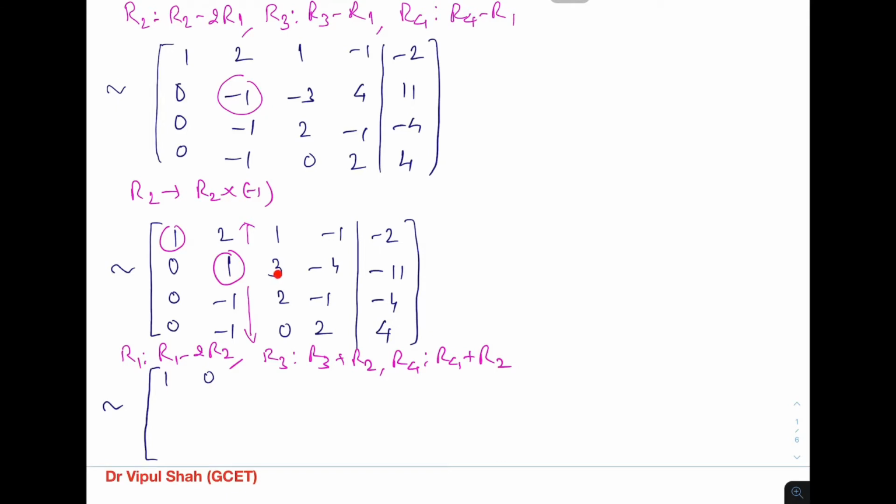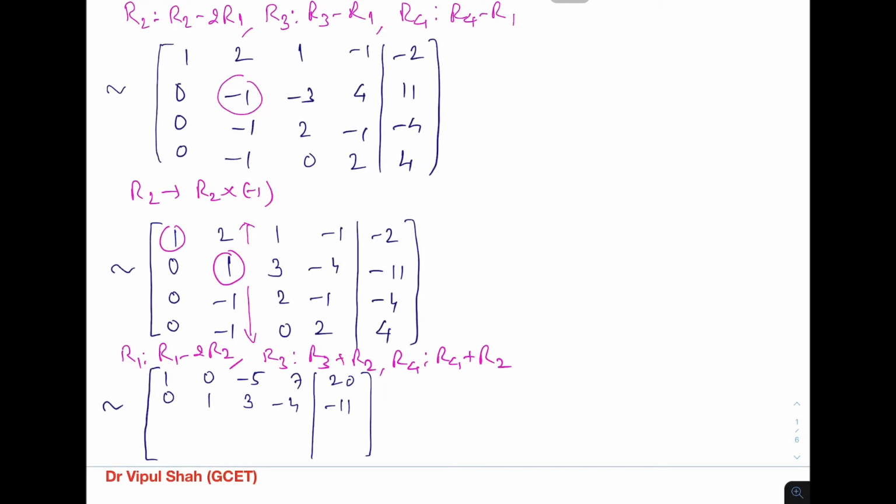Now minus 2 multiplied, so that is minus 6 plus 1, minus 5. Then multiply with minus 2 here, so that is 8 minus 1, which is nothing but 7. Then multiply with minus 2 here, so that is 22 minus 2, that is 20. R2 will not change: 0 1 3 minus 4 minus 11.